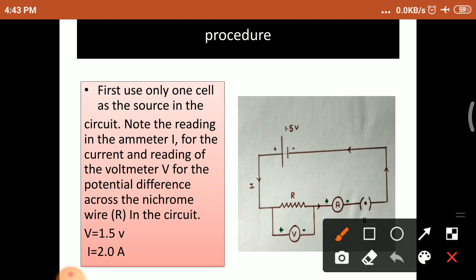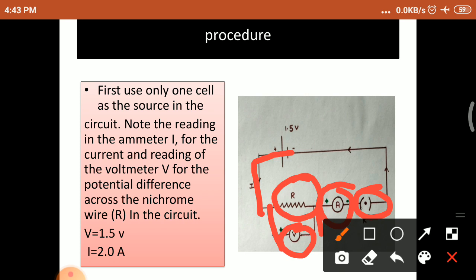And see here, this cell is connected to a nichrome wire, and the ammeter is connected in series with the key. The voltmeter is connected across the two ends of the nichrome wire.